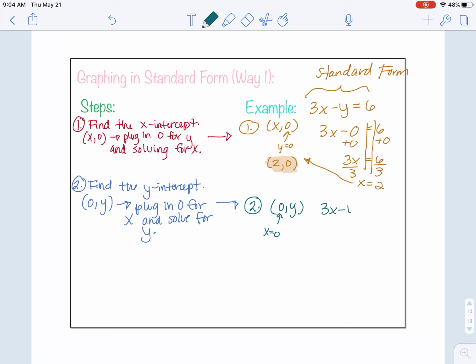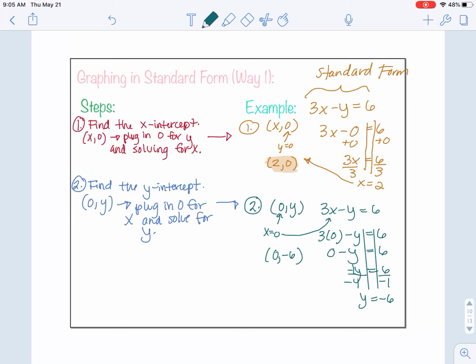So when I have the equation, I can plug in 0 for x. This is 0 minus y equals 6, which is minus y equals 6. Remember, ladies and gentlemen, we can never, ever, ever leave a negative here. That's like a -1. So I divide by -1, and I get y equals -6. So instead of 0, y, I get 0, -6.